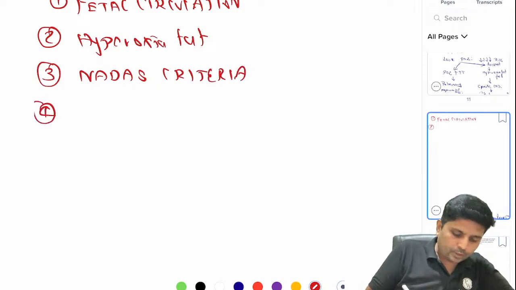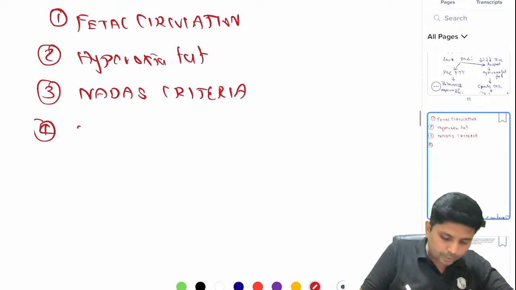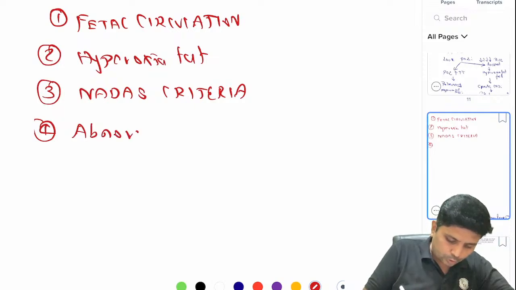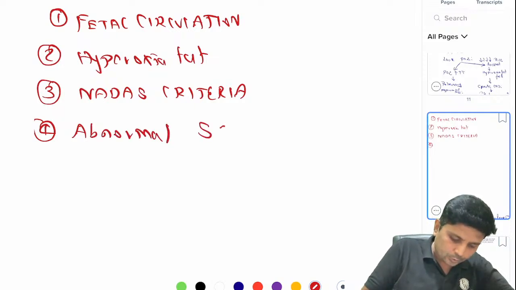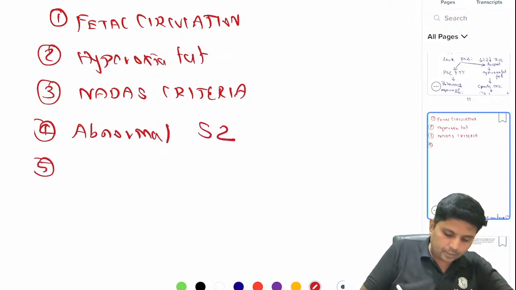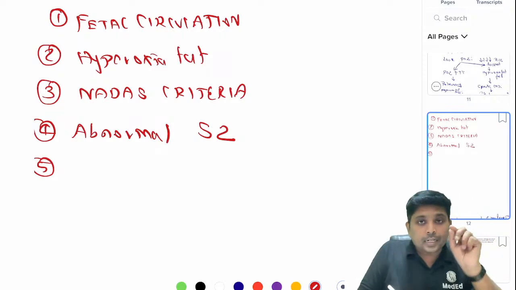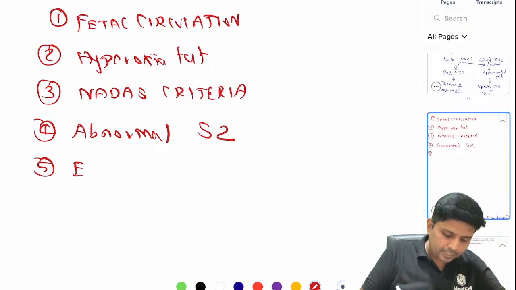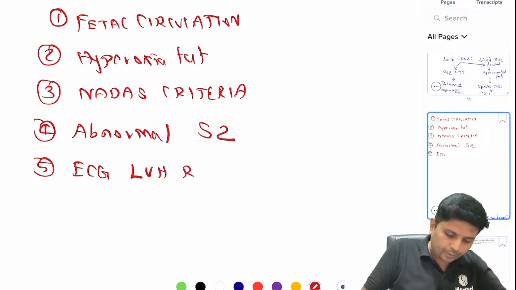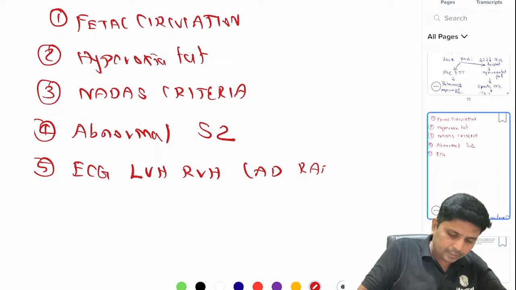Then fourth, abnormal S2. Then how to diagnose congenital heart disease based on ECG. In ECG, I taught you left ventricular hypertrophy, right ventricular hypertrophy, left axis deviation, right axis deviation.